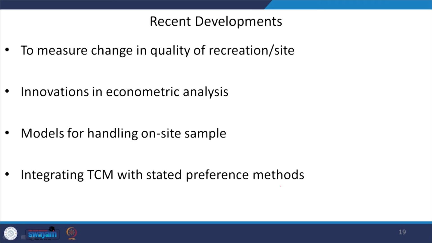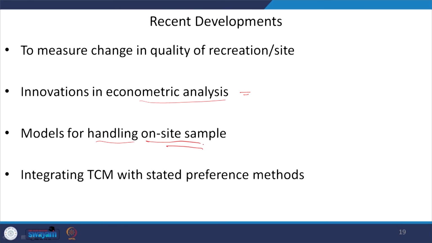The recent developments in the travel cost literature are that we can now measure the change in the quality of recreational sites, and there have been certain innovations in the econometric analysis. For example, we have developed how to handle the on-site sample.